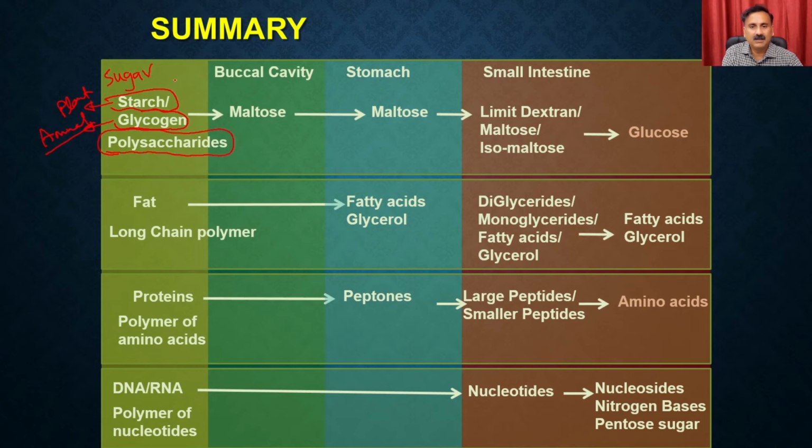So when they enter the buccal cavity, they are going to be converted into maltose, isomaltose and limit dextrins. This is then going to enter the stomach, and in the stomach there is no digestion, so it will remain as such. But in the small intestine, the limit dextrin, maltose or isomaltose formed within the buccal cavity is then converted into glucose, and that glucose is going to be absorbed by the small intestine.